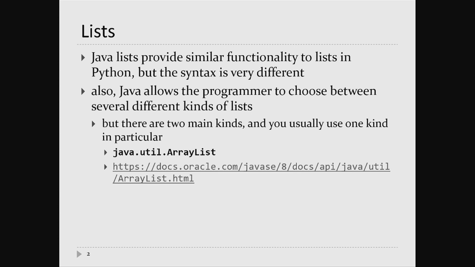So you're not just stuck using a generic list class. You can actually choose from several. But there's really only two main kinds. And when you get down to it, you almost always use something called ArrayList. You can find that in the package java.util. And if you hit that link, you can get to the documentation for the class.